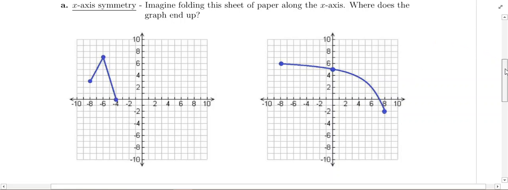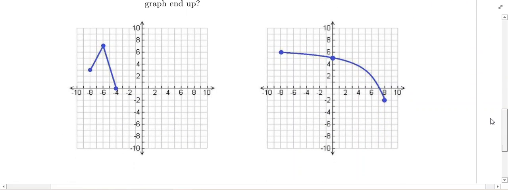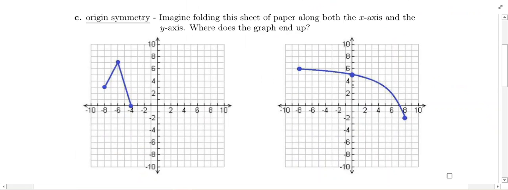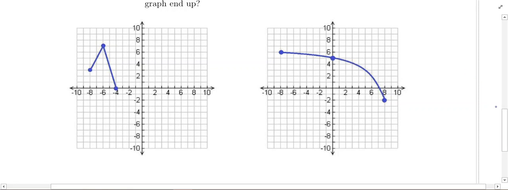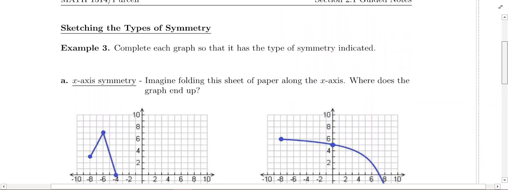And if you scroll down on this page, you see those two graphs repeated again. And then if you look at the top of page 6, you see the two graphs again. So we see the two different graphs repeated 3 times. And the reason for that is that there are 3 different types of symmetry.